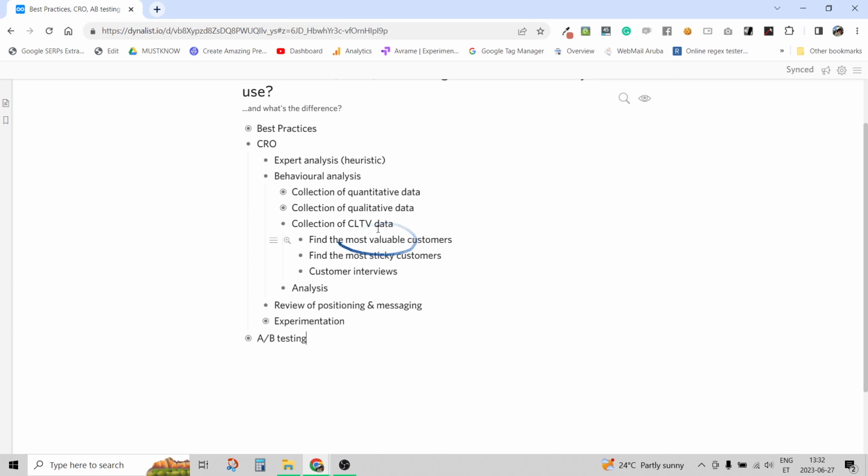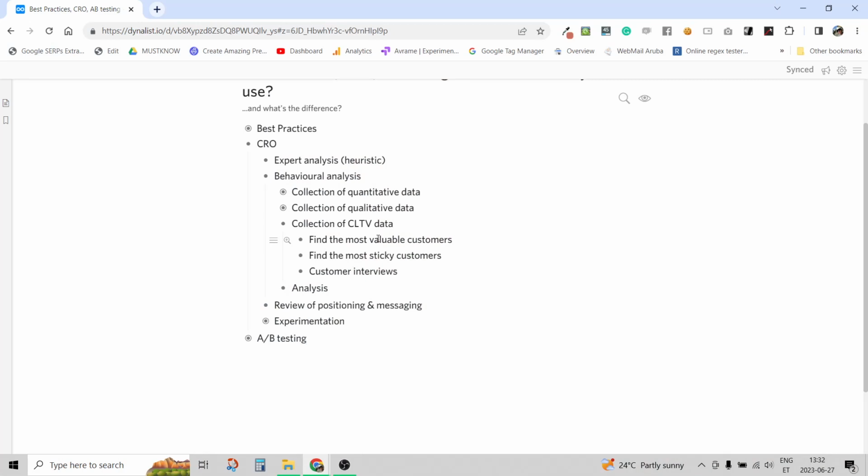And here, in terms of money, you go and look at your sales data, and you identify the people or companies, if you are B2B, that brought the most revenue to your business. Okay, so you find them here, then you do the same for the customers that have been with you for the longest time.